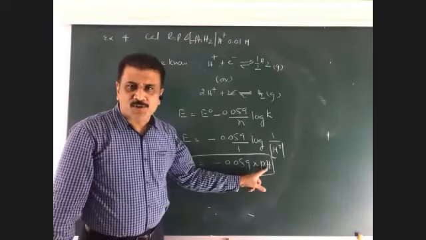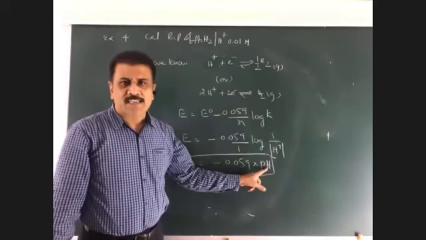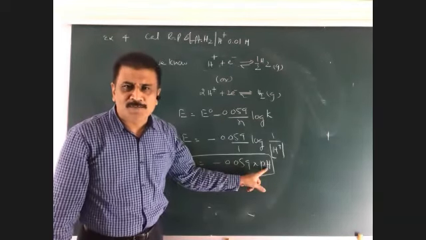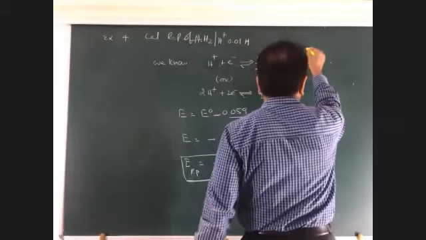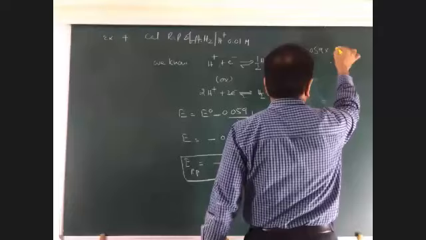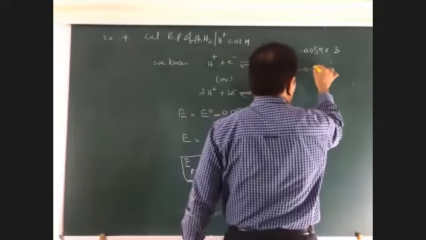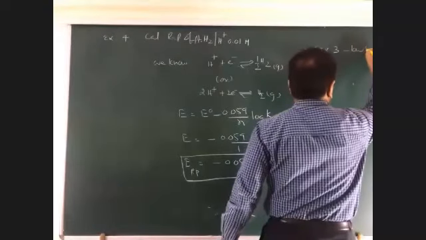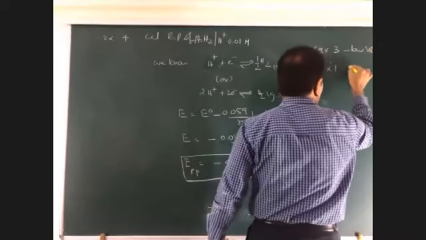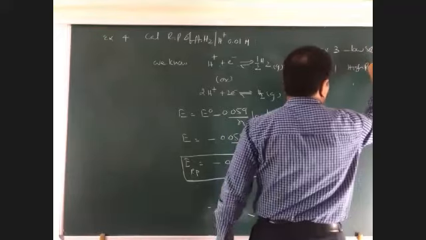Higher pH electrode acts as anode. Lower pH electrode acts as cathode. Look at the examples. Minus 0.059 into pH, this is low SRP. Minus 0.059 into pH, this is high RP. Right or wrong?